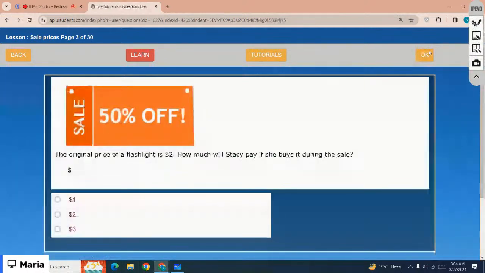Okay, the original price of a flashlight is $2. How much will Stecky pay if she buys it during the sale?